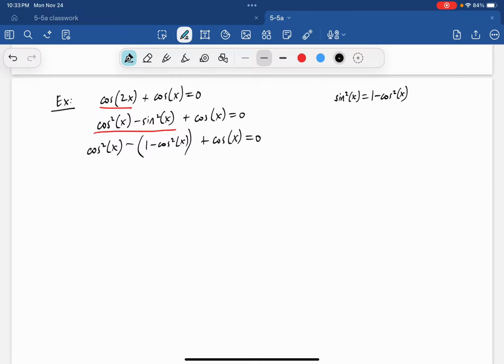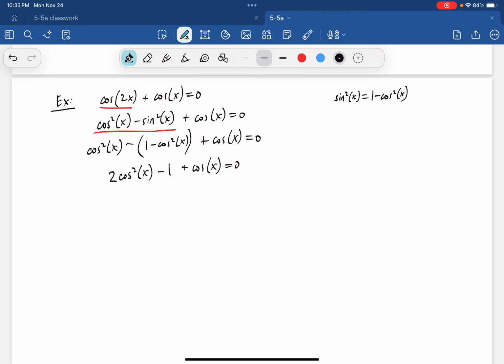All right, and then if I distribute this minus sign, I get a plus cosine squared. And so combined with this cosine squared here, I'm going to have 2 cosine squared x minus 1 plus cosine x equals 0. Okay?